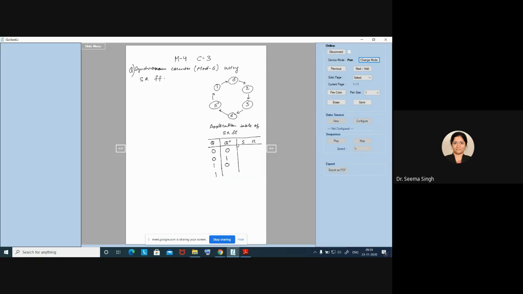Fourth possibility, present state is 1 and next state also 1. So if I have one output and two types of states, 0 and 1, there will be 4 possibilities. The application table of SR flip-flop will tell me what should be the input of SR flip-flop if I want to apply it for any one of these 4 changes.